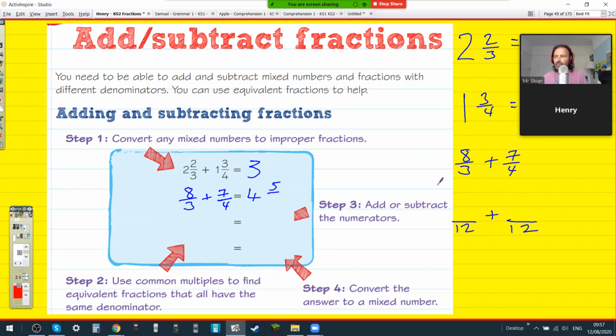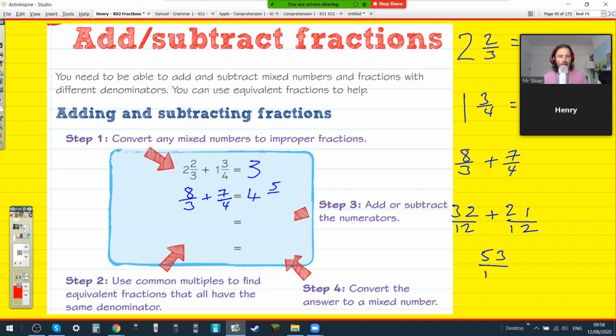And then 8/3 is 32/12, and then 7/4 is 21/12. And then 32 plus 21 is 53.